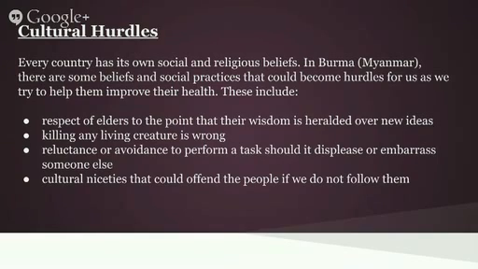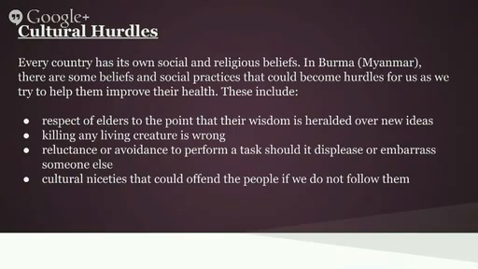Some of those hurdles that we may have to jump over to help them improve their health include all of these bullet points here. The top one is that they respect their elders so much to the point that their elders' wisdom is heralded over new ideas in some situations.